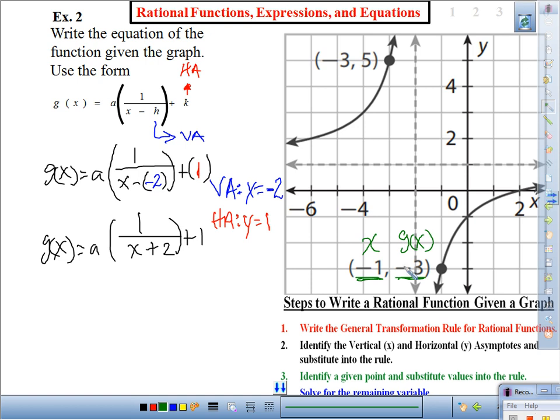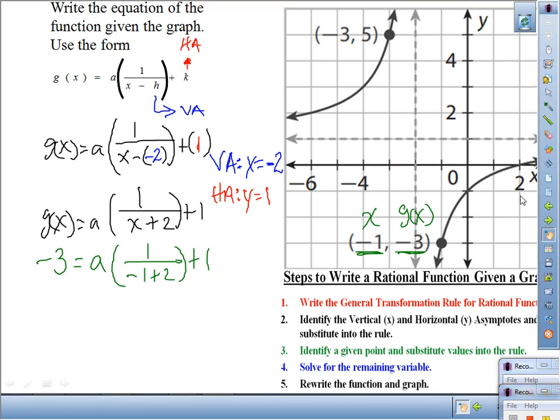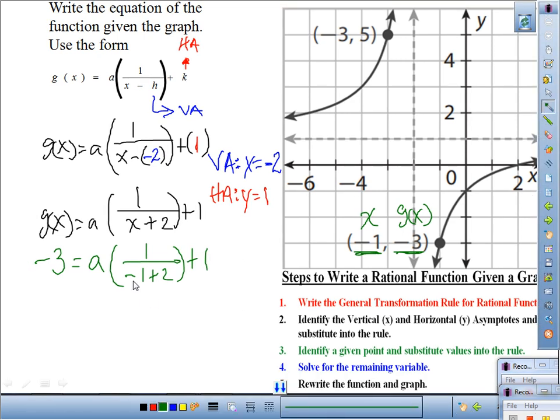Let me substitute that into the equation. So g of x is what? -3. And what is x? -1. So we have a, parentheses, 1 over -1 plus 2 plus 1. Before I move on, tell your neighbor where I got this value of x and this value for g of x.